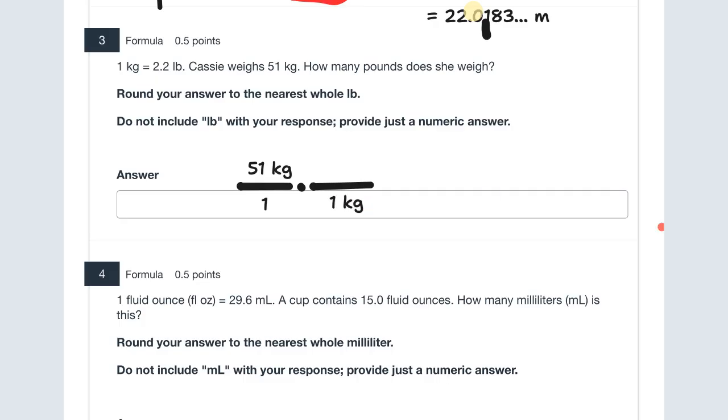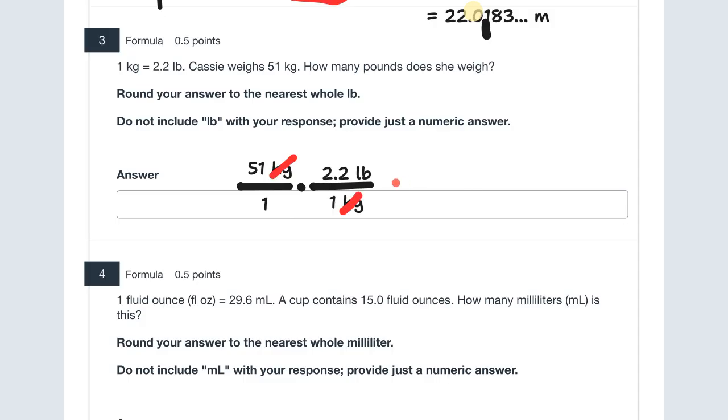And I need 2.2 pounds in the top. Kilograms are canceling. The bottom is just going to be 1 times 1.